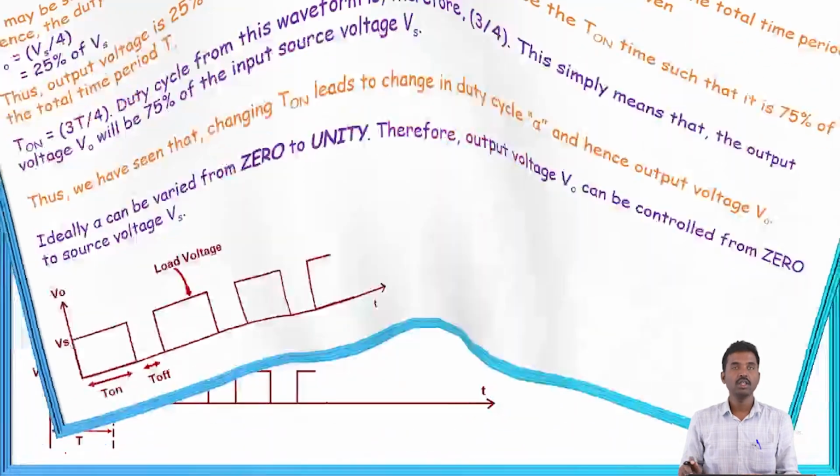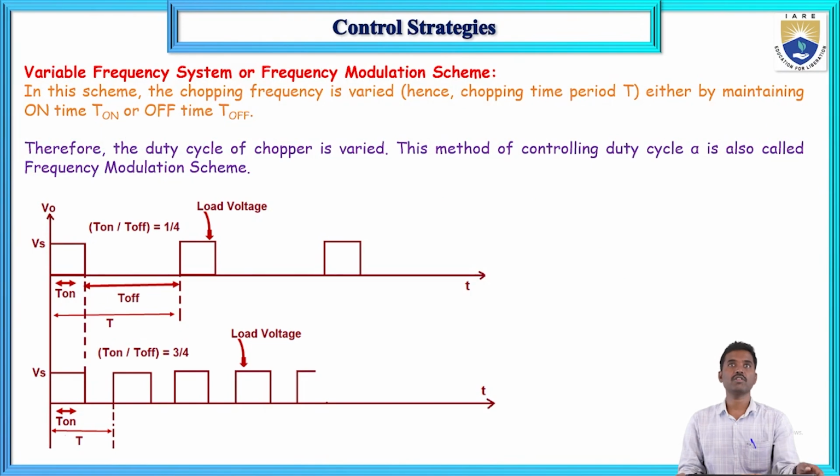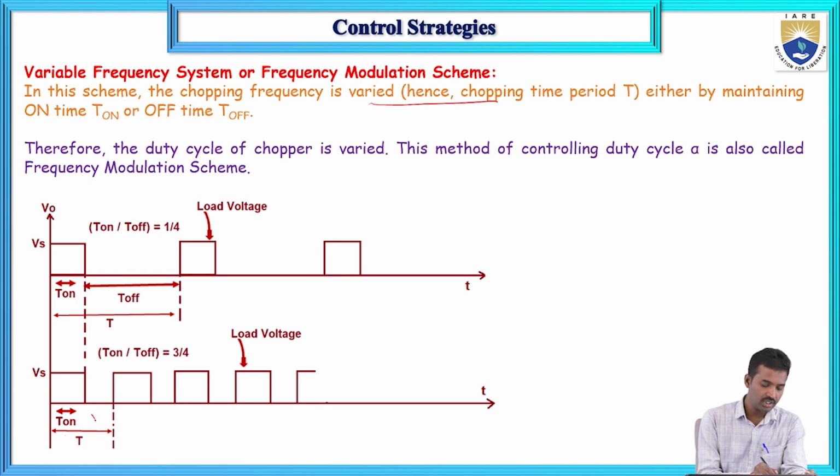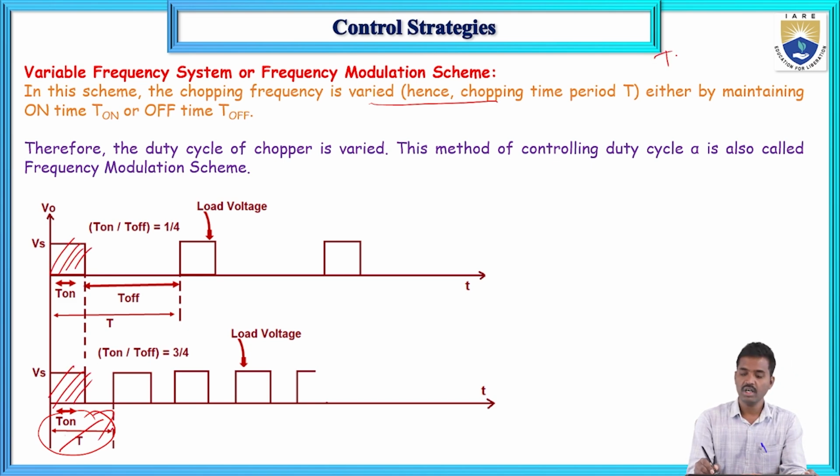So now the second method is variable frequency, meaning the frequency modulation scheme. In this scheme, the chopping frequency is varied. So this is varied, this is changing, but T on is fixed.